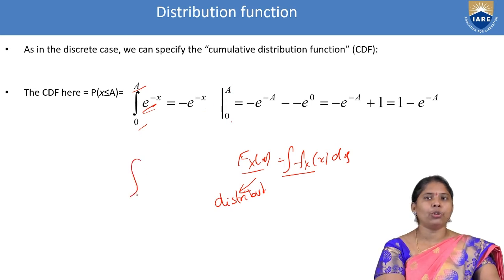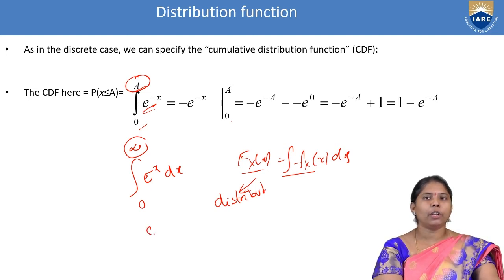Suppose we substitute here 0 to infinite of e power minus x dx. In place of infinite, here a is there in the calculation of CDF. But if we replace a with infinite, what happens? e power minus x by minus 1, limits from 0 to infinite. You know e power minus infinite is 0, minus e power minus 0. So you will get the area as 1.